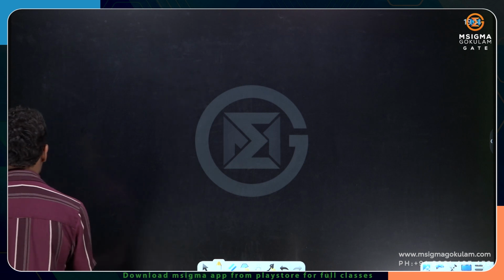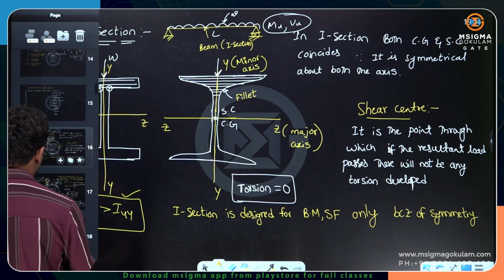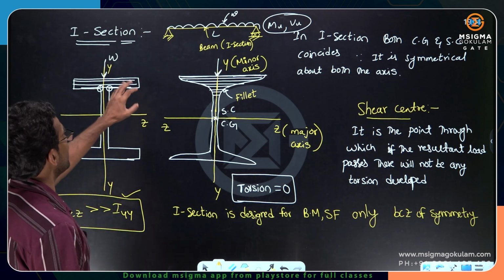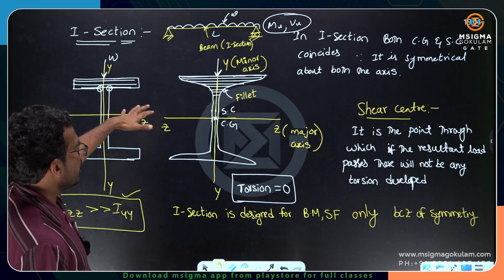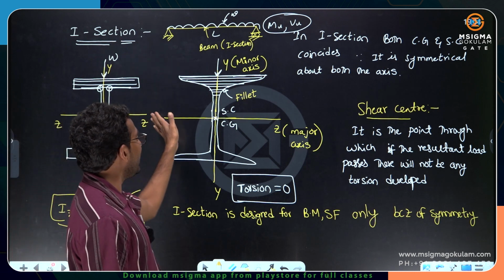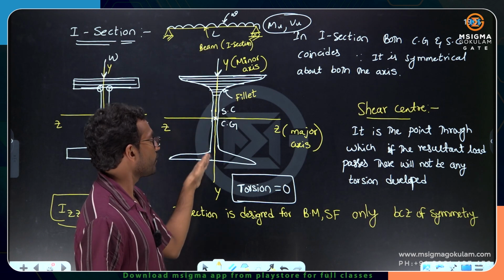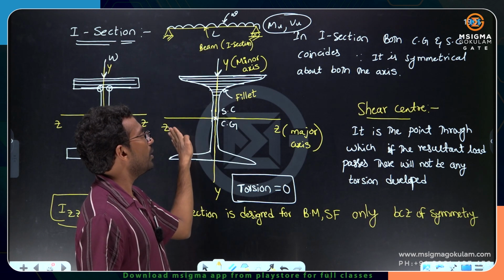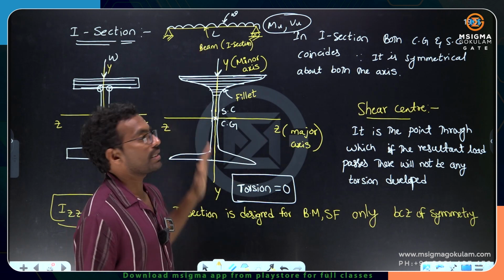What I told earlier, if you look back to this particular slide, the I section. A very important point is why I have shown ZZ as the horizontal axis and YY as the vertical axis. You might have drawn the horizontal axis as XX and the vertical axis as YY so far.